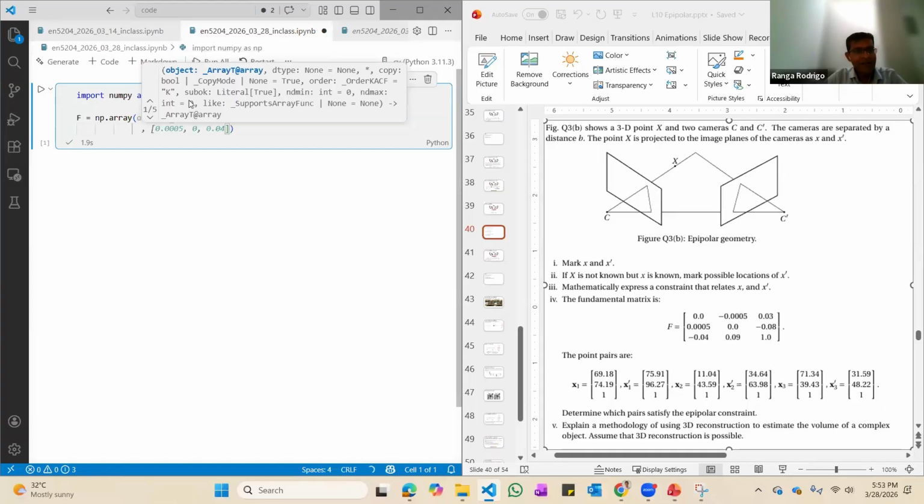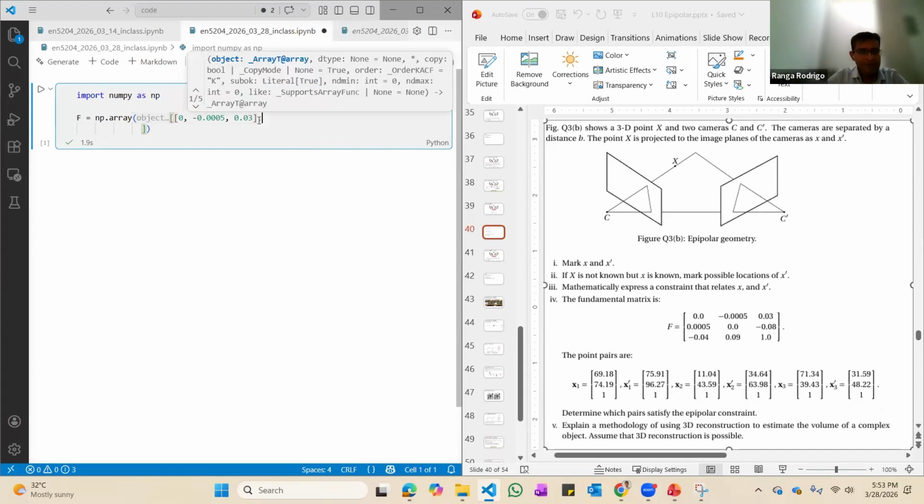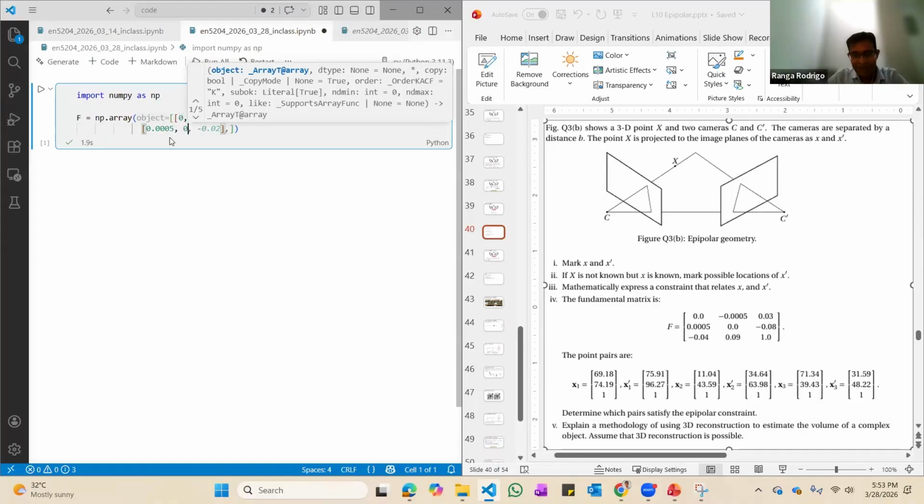And next one is, oh my goodness, it knows sort of what I'm typing, right? 0.0005, 0.0, minus 0.08. That's the next one.